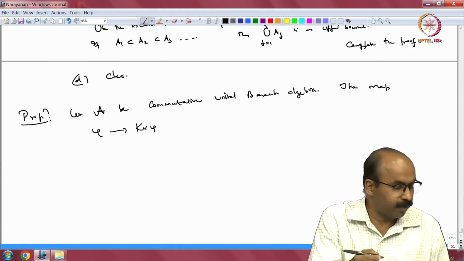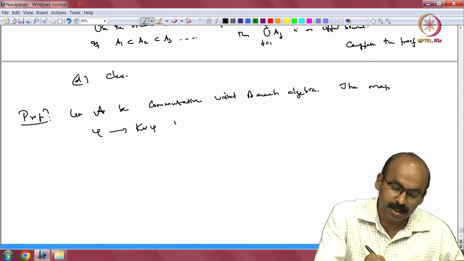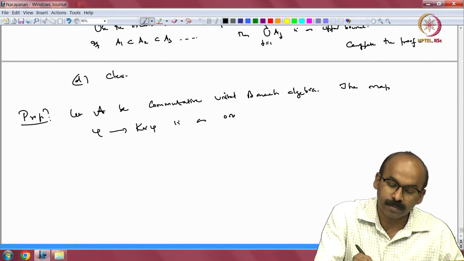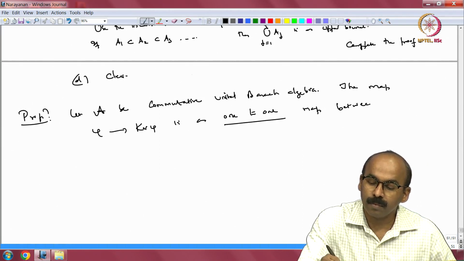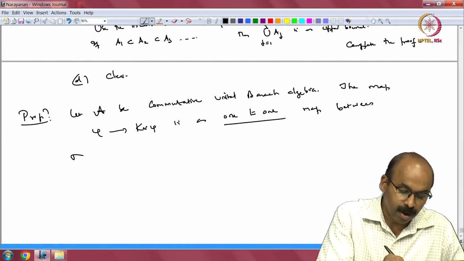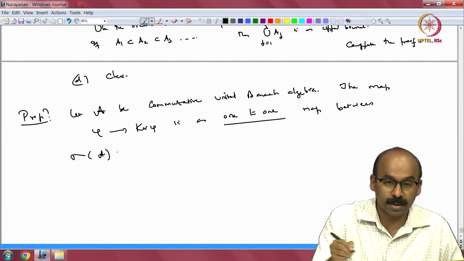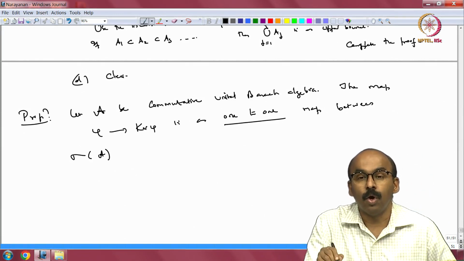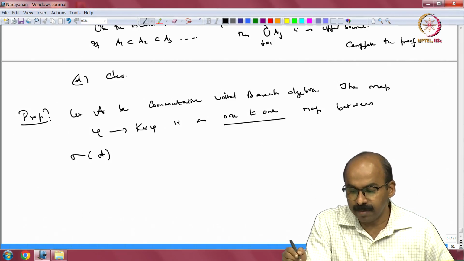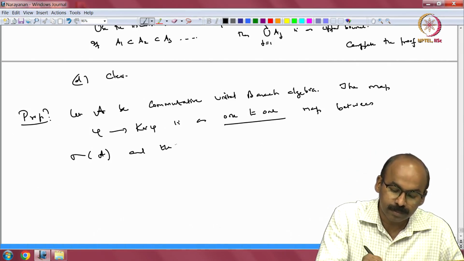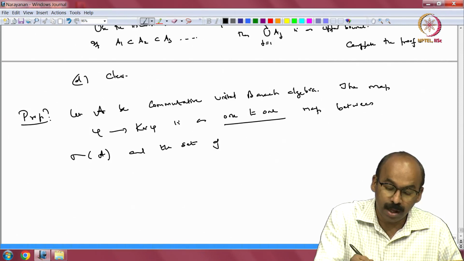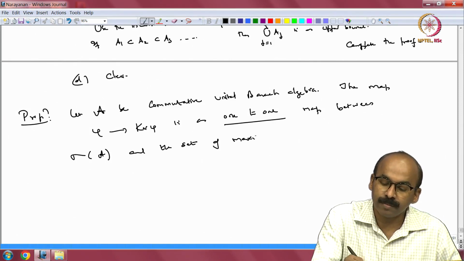So, kernel of phi in the usual sense is a one to one map between sigma of A. Remember, sigma of A is the spectrum of A, which is the collection of all multiplicative linear functionals, and the set of maximal ideals of A.